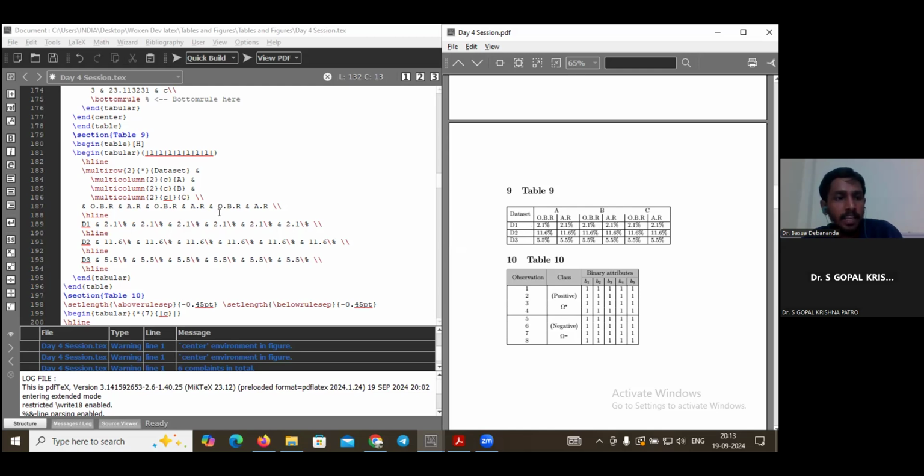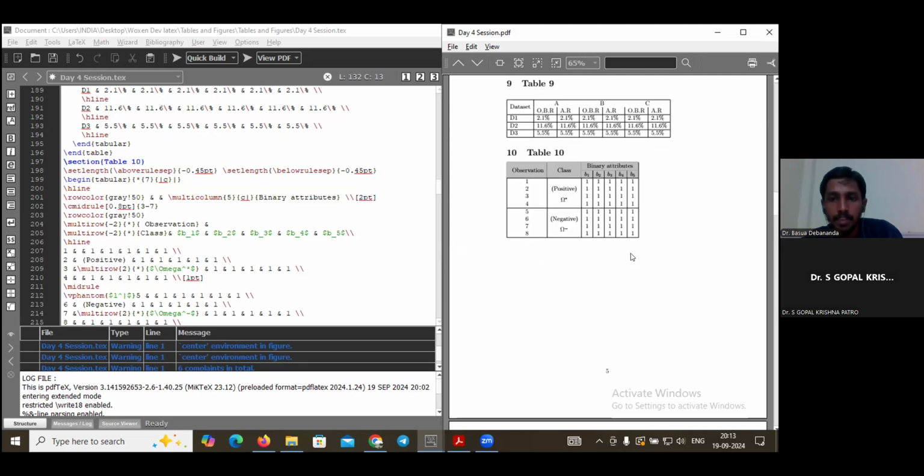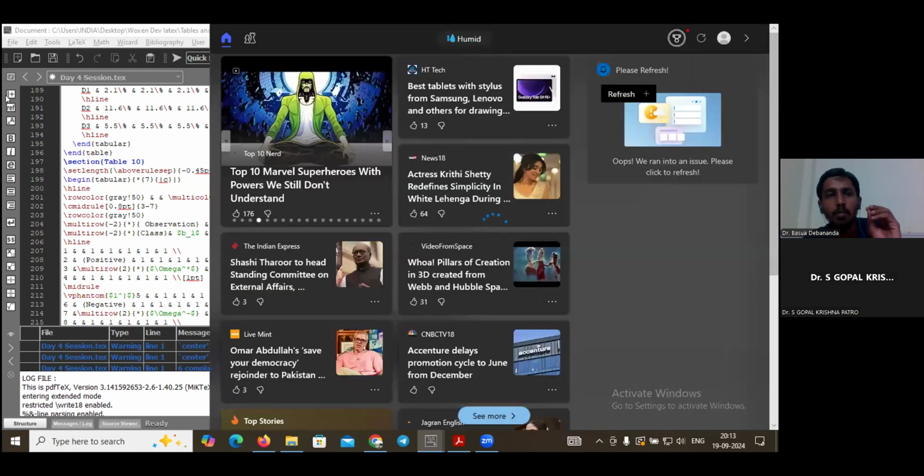Again, I have typed as usual how you type all tables. You just have to type the data. After completion of every line, you have to type double backslash and \hline. Then you will get the lines. You just have to remember a few small commands only.